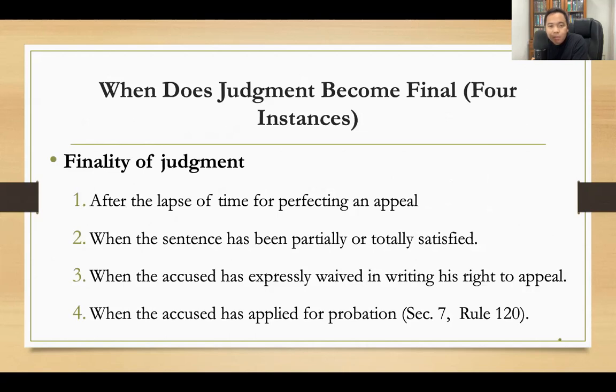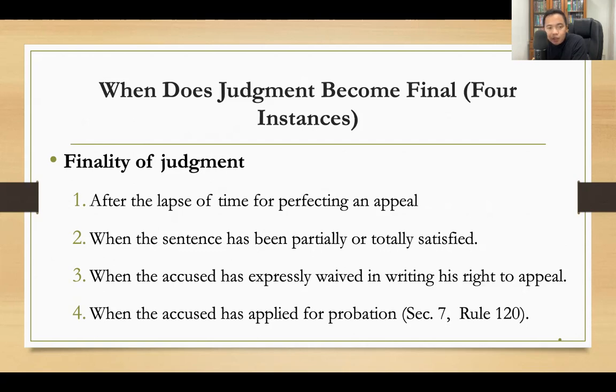So when does a judgment become final? A judgment becomes final after the lapse of the time for perfecting an appeal, because if the accused got convicted, then he can file an appeal. If the accused failed to file an appeal during that time, the judgment will become final.